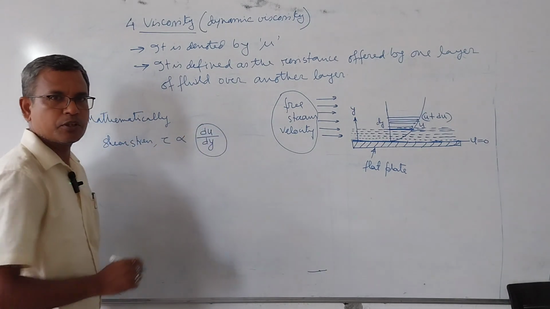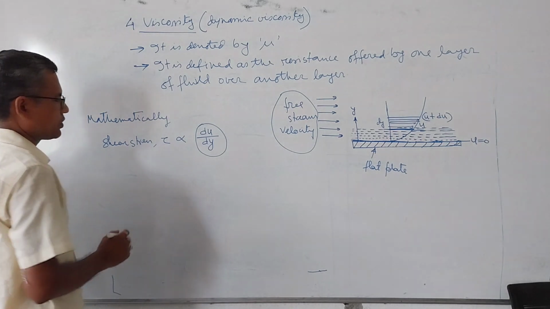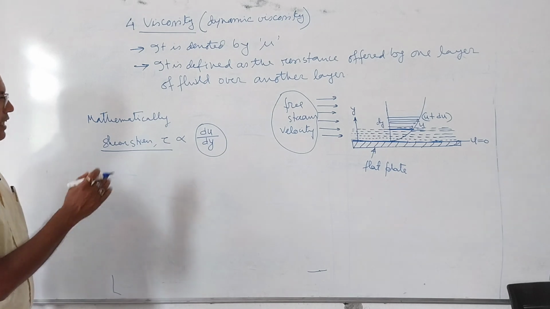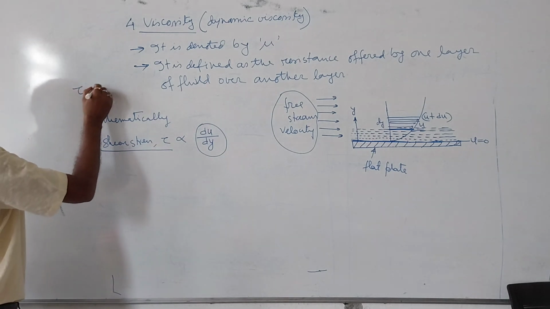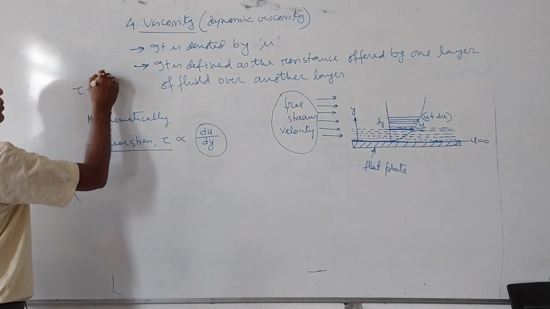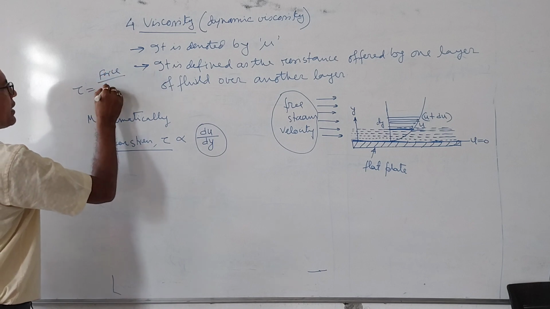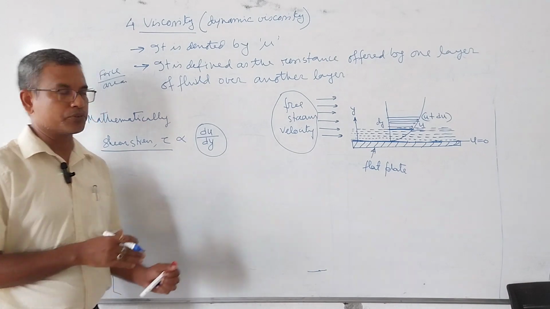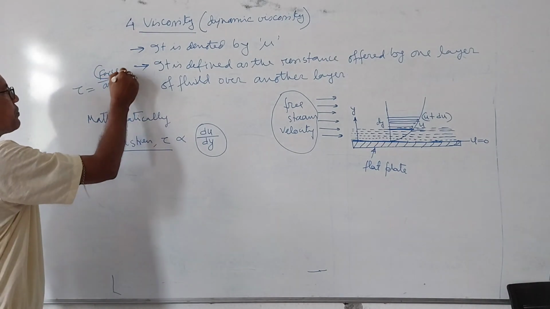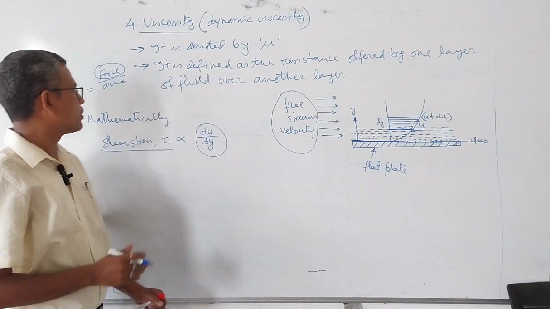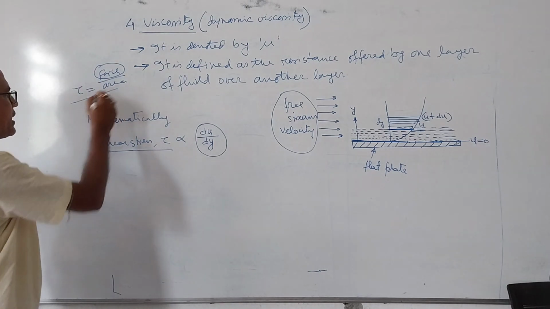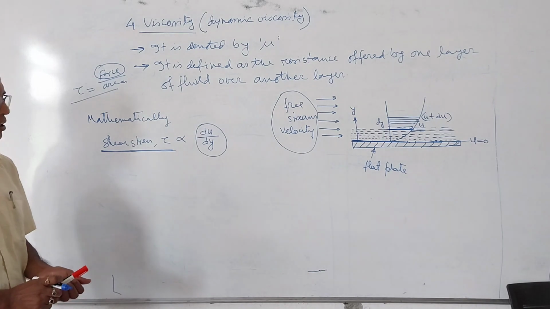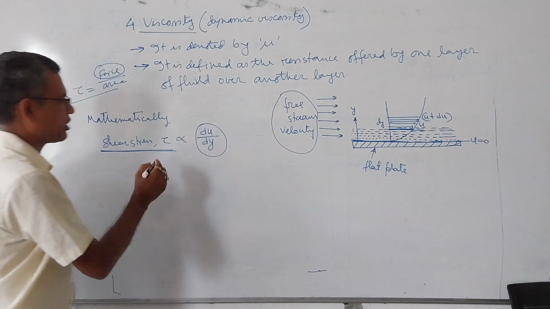What is shear stress? Shear stress is force per unit area. Here the force is the frictional or tangential force. So shear stress is directly proportional to the velocity gradient.